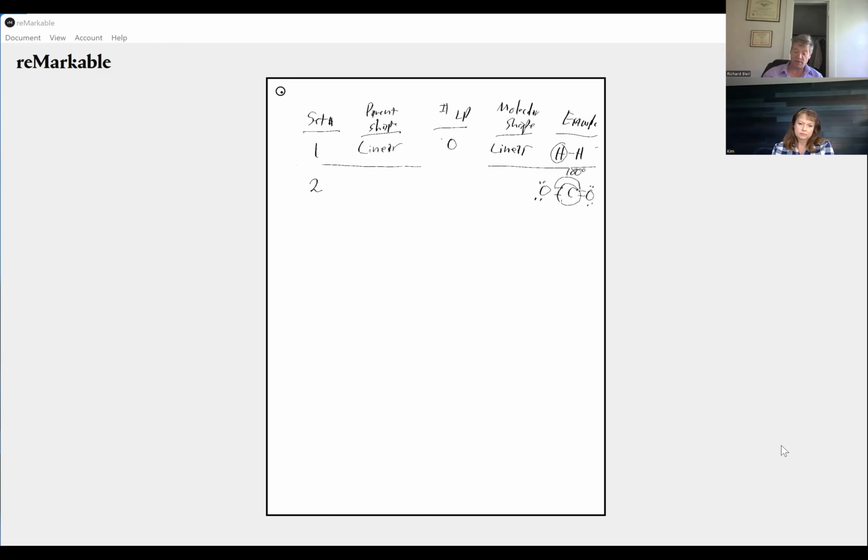Again, the parent shape is linear. There are no lone pairs on this. And when there are 0 lone pairs, the molecular shape equals the parent shape. So this is a linear molecule. This is why carbon dioxide is linear.